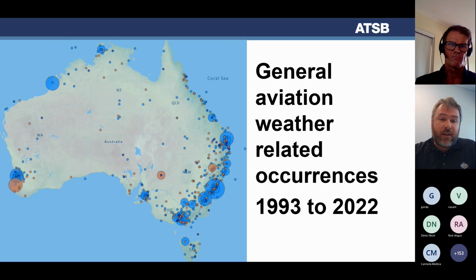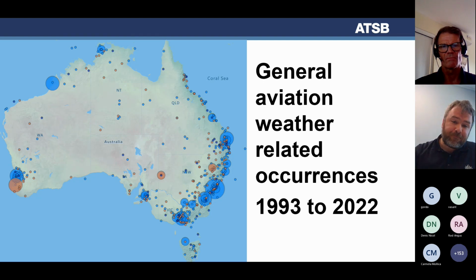However, there does seem to be an elevated area in places you might expect, in the mountainous regions on the eastern side of Australia, and also some top end areas, which are mostly related to winds and thunderstorms.